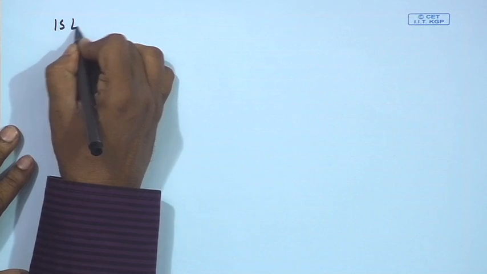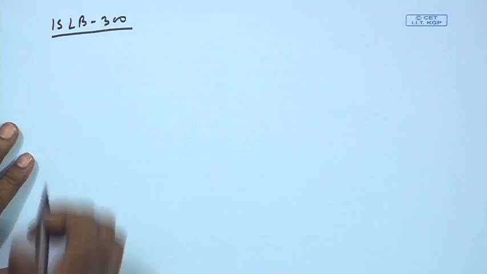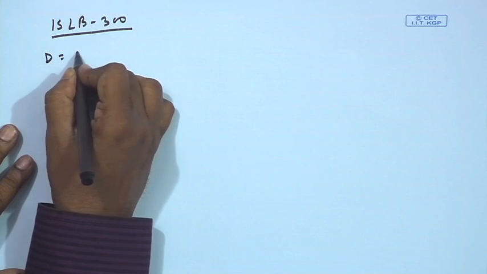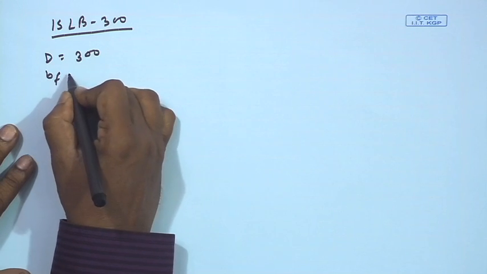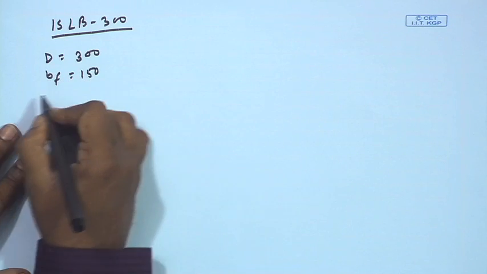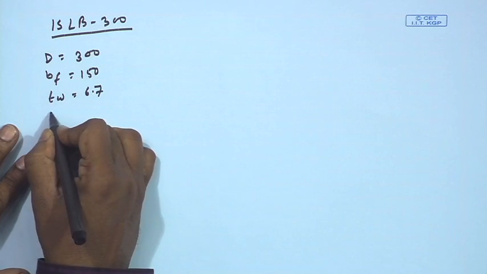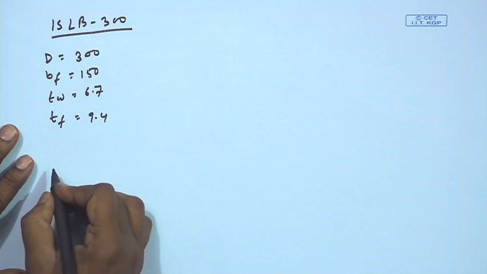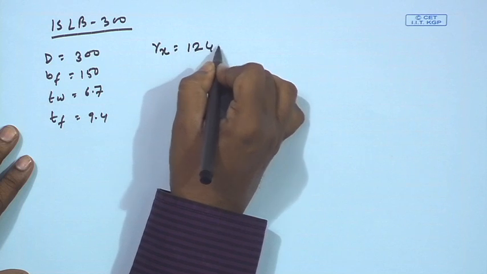The relevant properties of ISLB 300 we can find from SP 6: D is equal to 300 millimeter, width of flange is equal to 150 millimeter, thickness of web is equal to 6.7 millimeter, thickness of flange is equal to 9.4 millimeter, and the root radius is given as 124 millimeter.